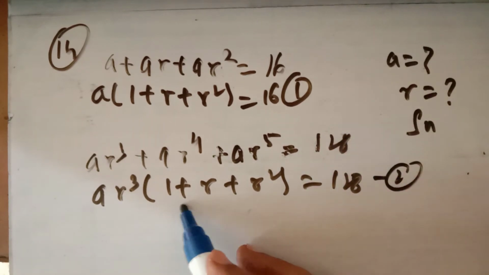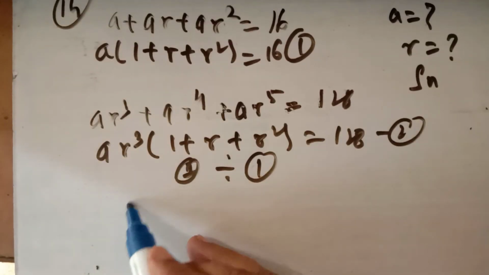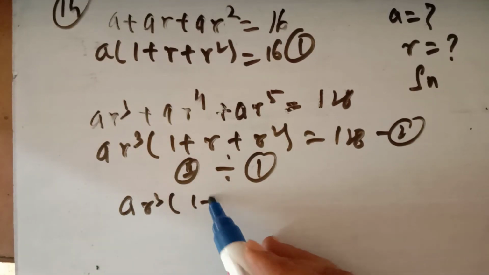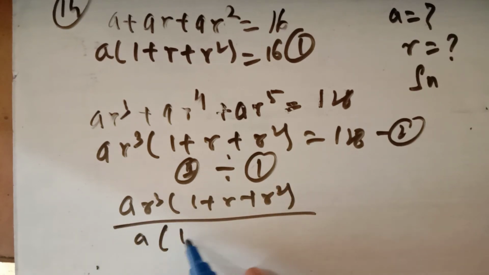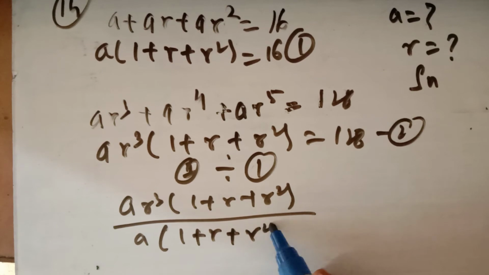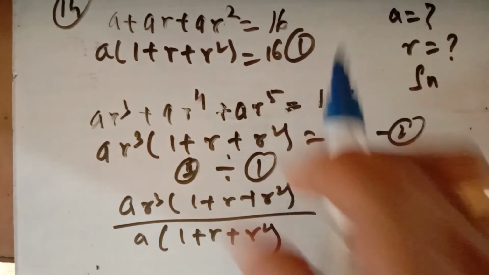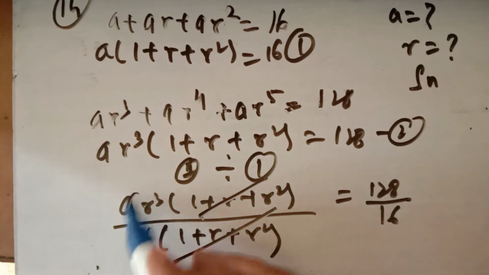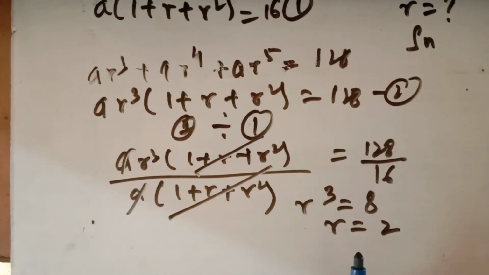You divide these 2 equations, divide second by first, so it will be AR cube into 1 plus R plus R square divided by A into 1 plus R plus R square, equal to 128 divided by 16. So this divided by this, all this will cancel out. So R cube will be equal to 8 and R will be equal to 2, because 2 cube is equal to 8. So the value of R is 2.